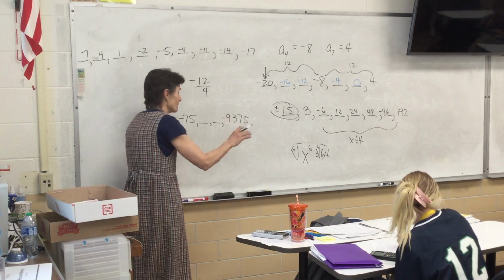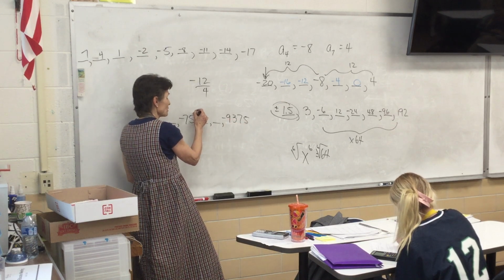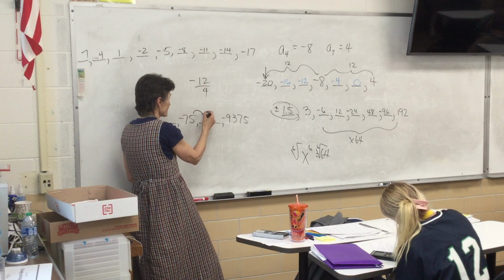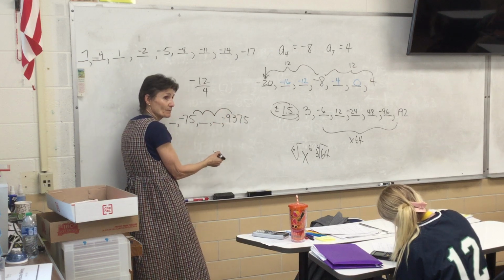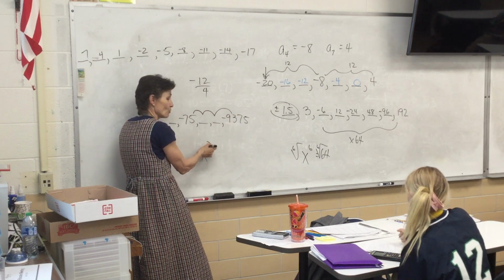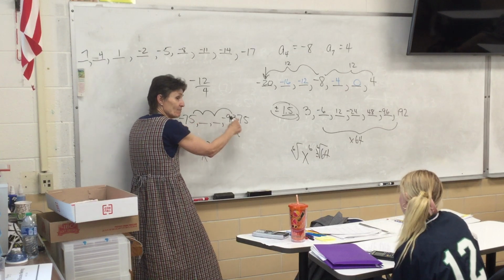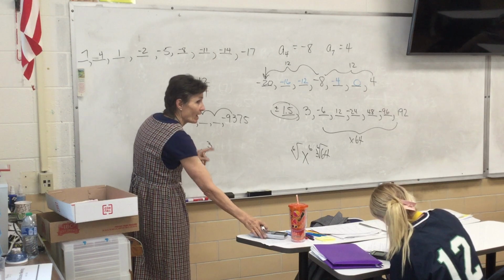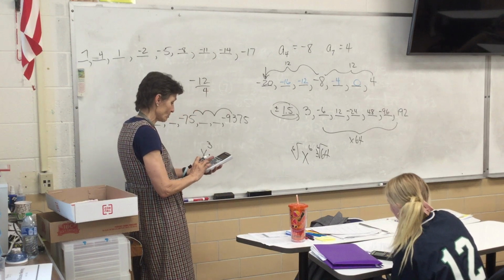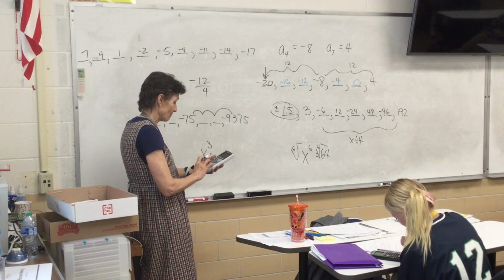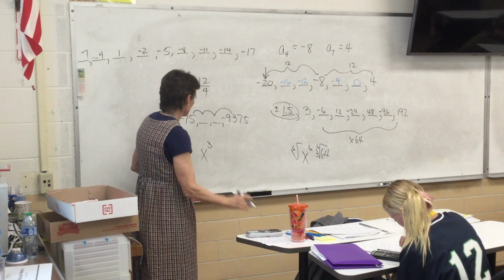Well, let's think about it. How many times do I have to multiply by it? Once, twice, 3 times? So something to the third power has to get me from -75 to -9375. So divide. 9375 divided by 75 is 125.